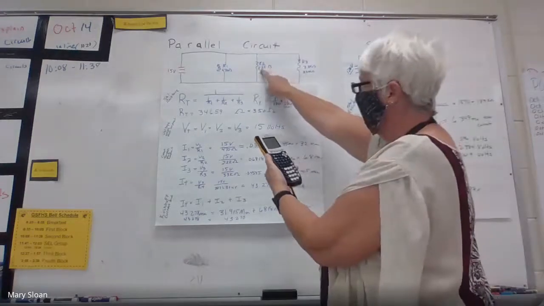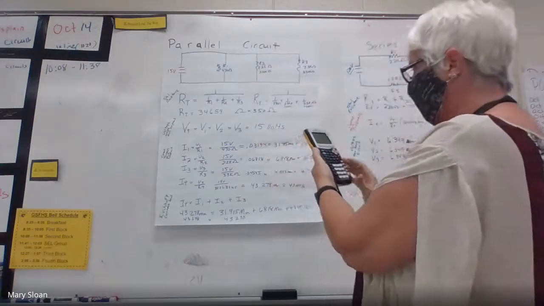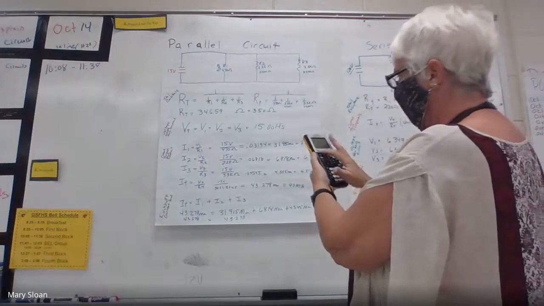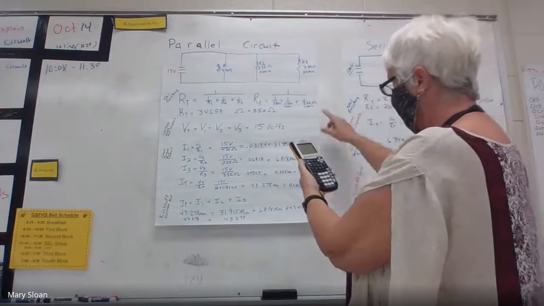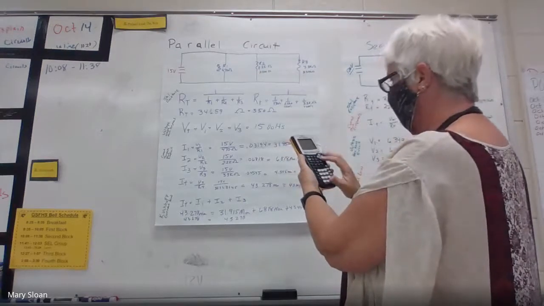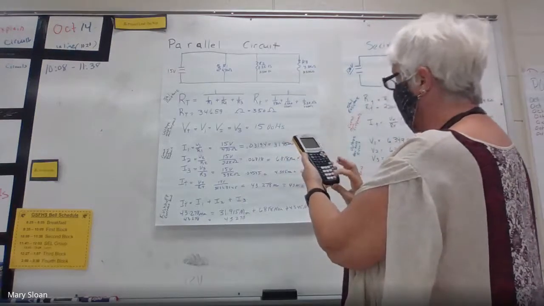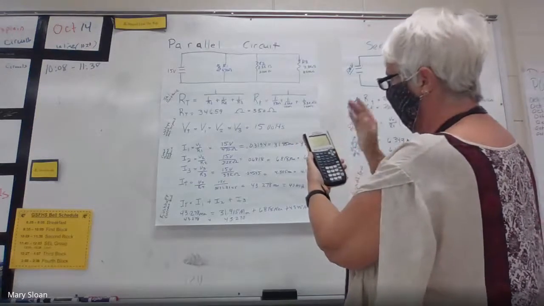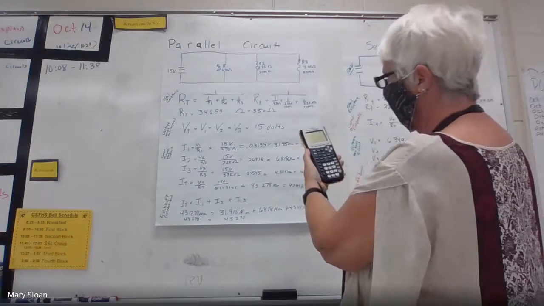That's the number we've got because I'm changing this now to ohms instead of kilo ohms. Plus alpha Y, enter again, and we're going to do 1 over 3300. Then we're going to hit the over button twice to get up to the top and hit enter.